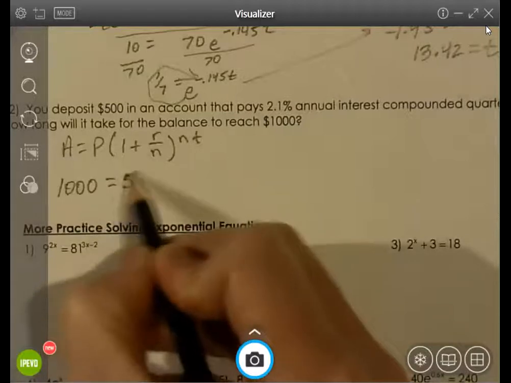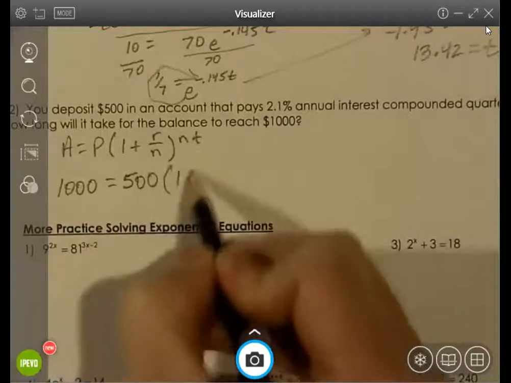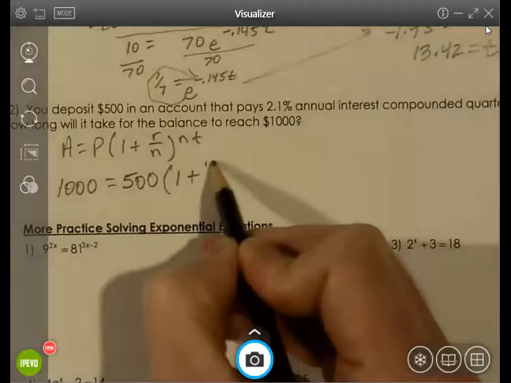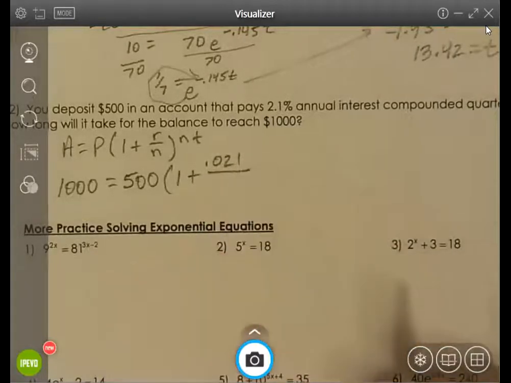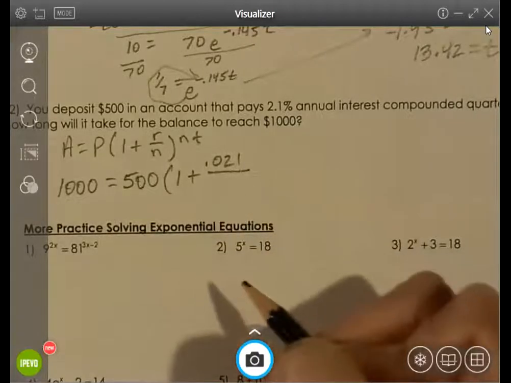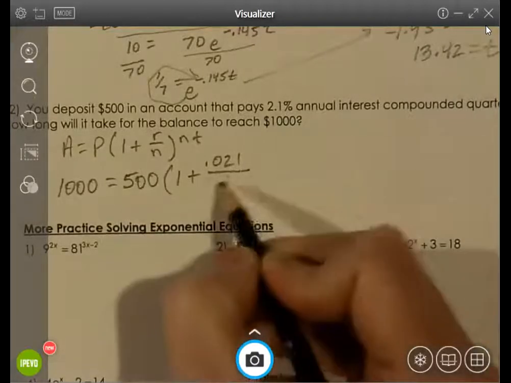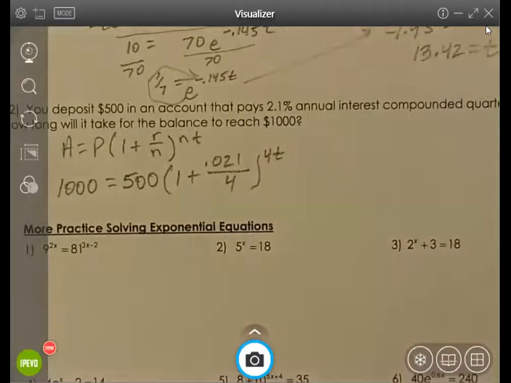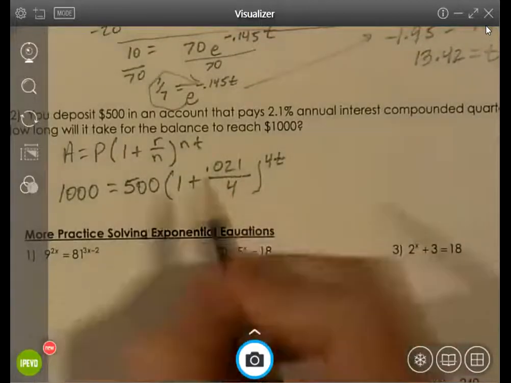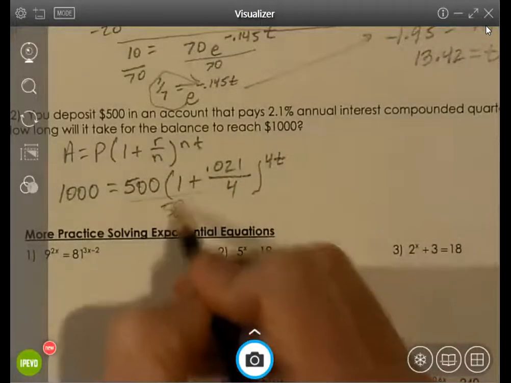So we want to get to 1,000. You're depositing $500. You have an interest rate of 0.021. This is happening quarterly, which is 4. And we have to solve for T. So we're first going to divide by the 500.